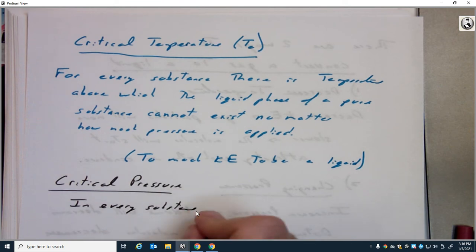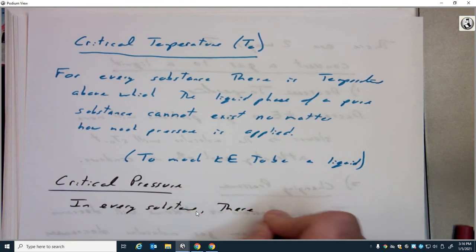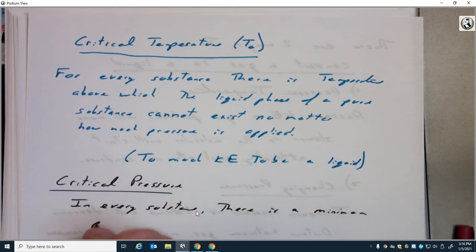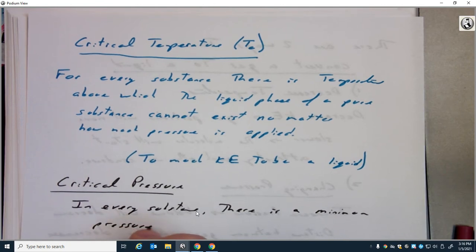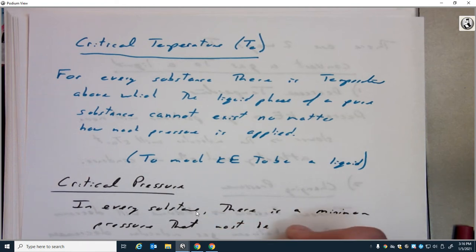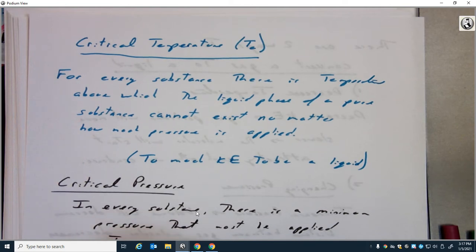In every substance, there is a minimum pressure that must be applied to liquefy that substance.